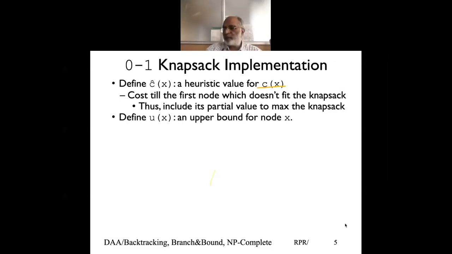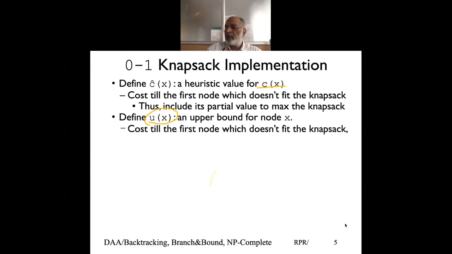We follow the same thing we discussed yesterday, and then we also define an upper bound. That means if we follow this path, this is the maximum cost I can achieve. So I need to go down less than that, but I cannot achieve a cost more than that. What is the maximum cost I can achieve if I explore that node? We could do lower, but I cannot exceed this.